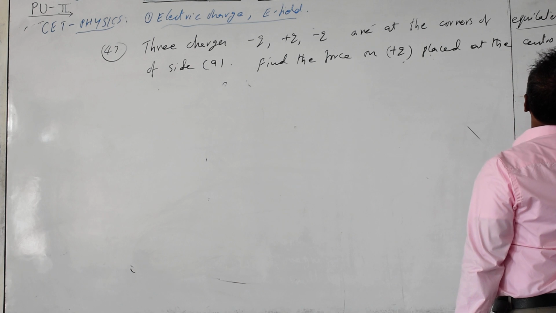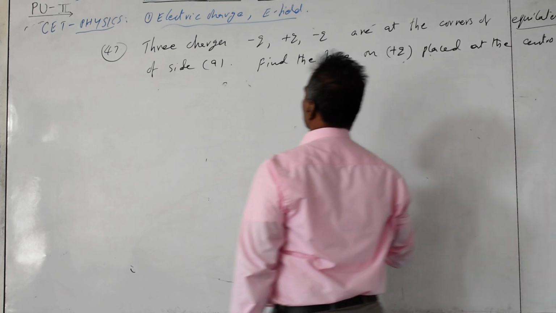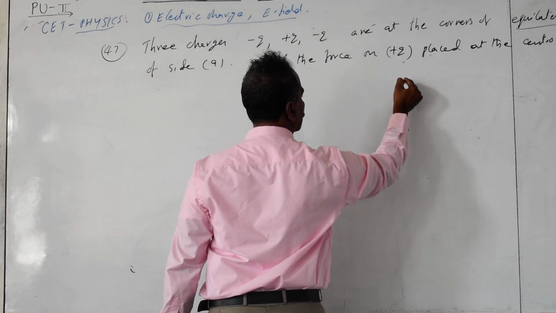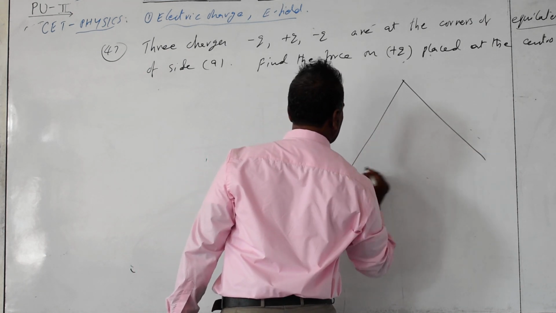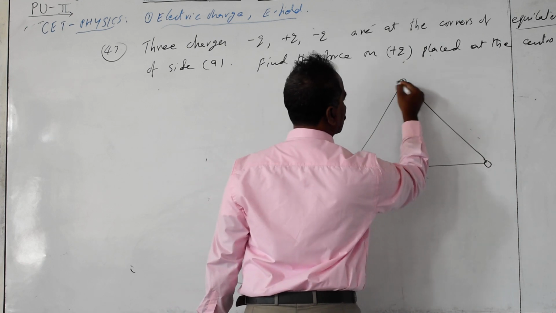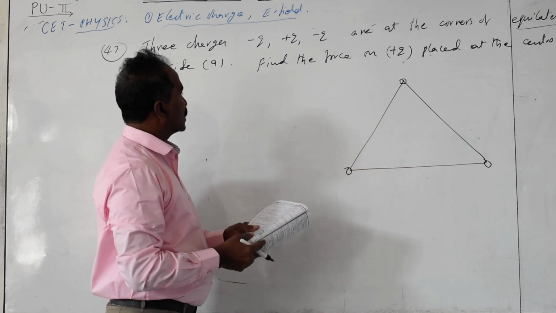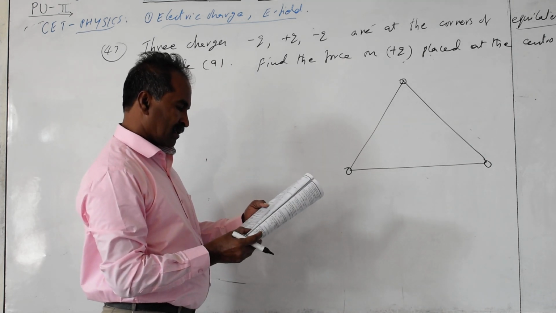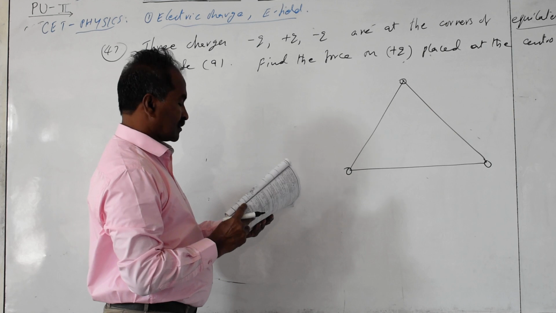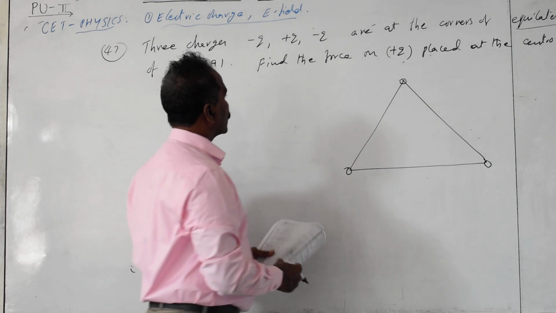Geometric center, or centroid, since it is an equilateral triangle. We have taken the 3 charges at the 3 corners. All sides are equal and theta is equal to 60 degrees. And the charges taken are plus q, minus q and minus q.